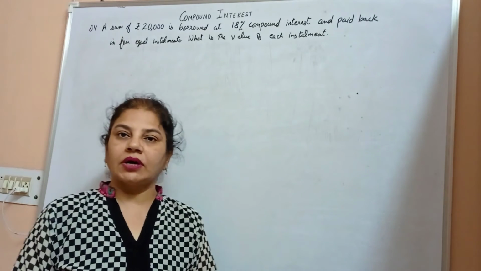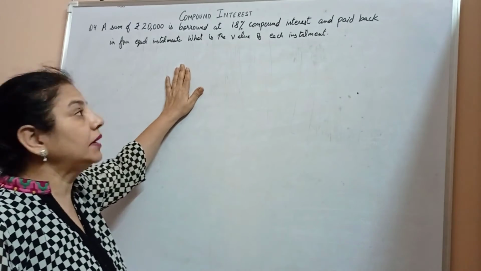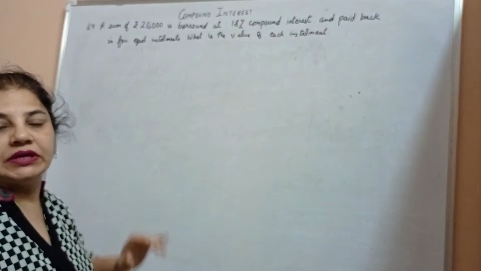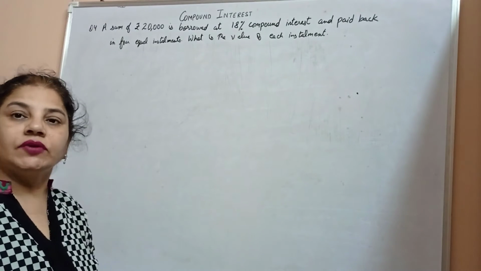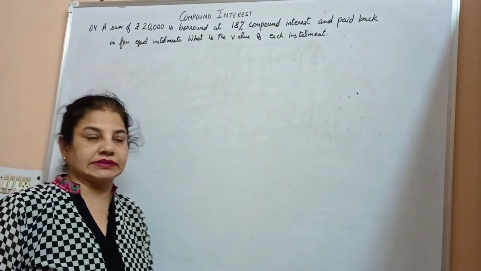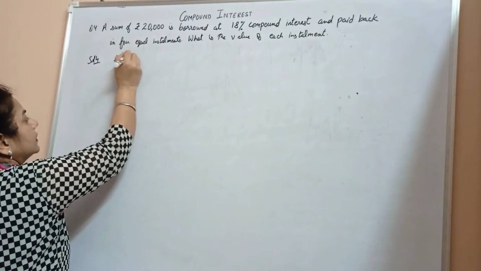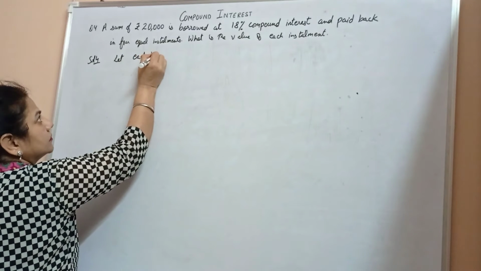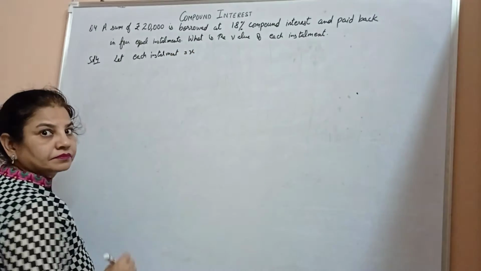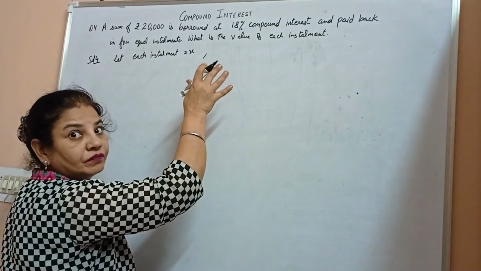A sum of 20,000 is borrowed at 18% compound interest and paid back in 4 equal installments. What is the value of each installment? Again, you have to find the value of each installment. Let each installment be x.